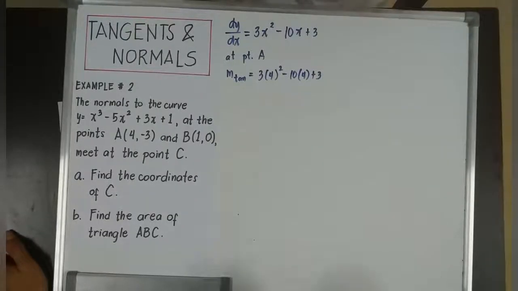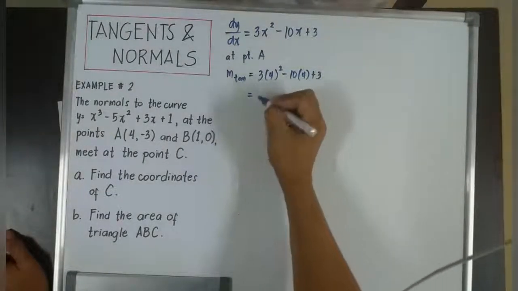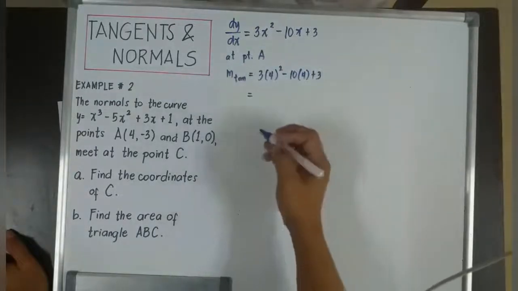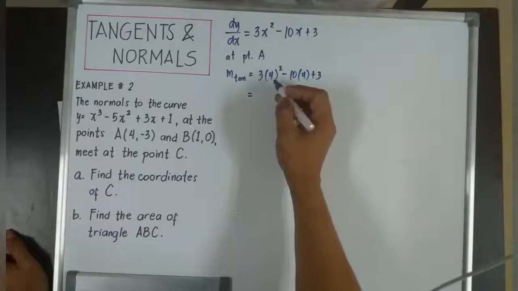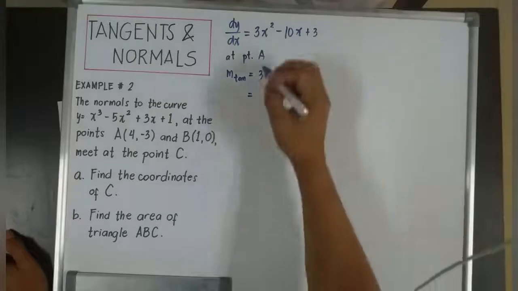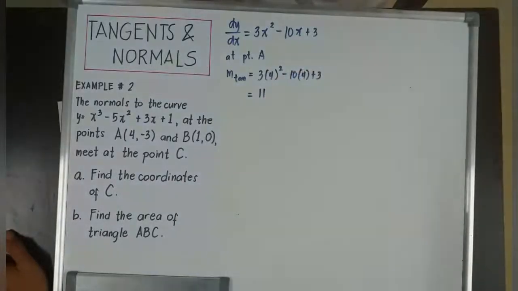So this will be the gradient of the tangent at point A: 4 squared is 16, 16 times 3 minus 40, plus 3 is equivalent to 11.